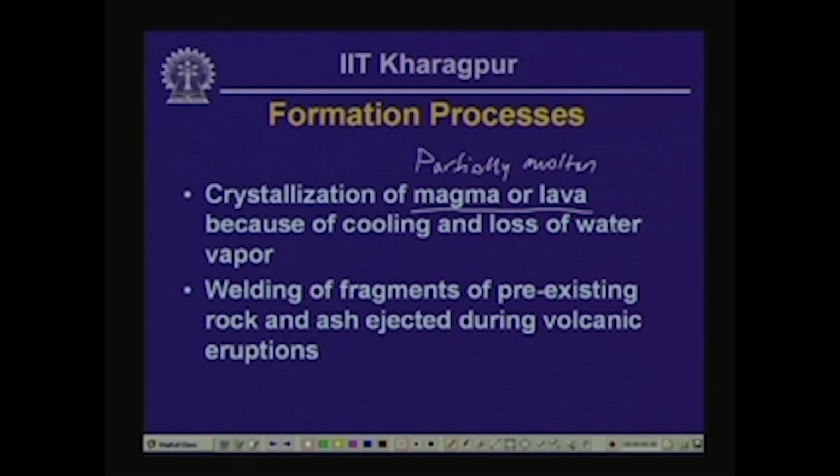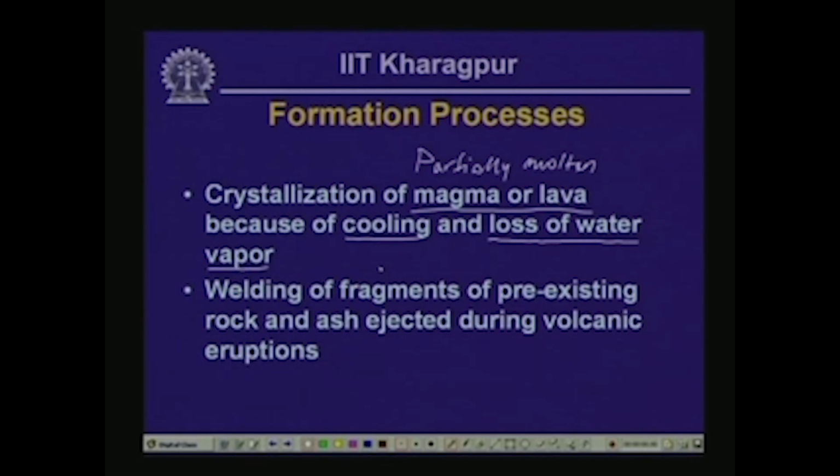Now, crystallization of magma and lava gives rise to the formation of volcanic rocks, and crystallization takes place primarily because of cooling, loss of temperature of magma or lava, and the second reason for crystallization is loss of water vapor that exists within the body of magma or lava.